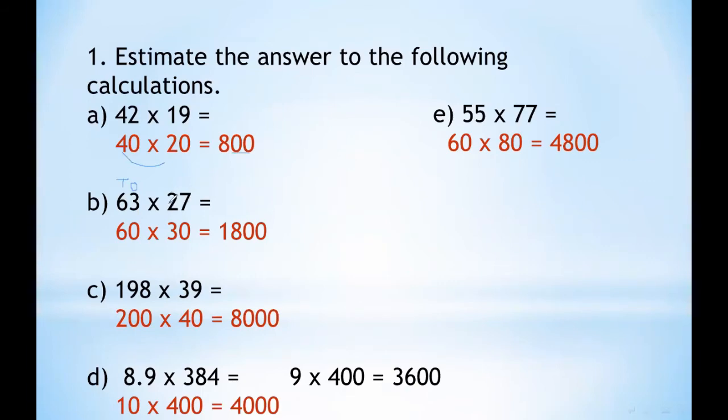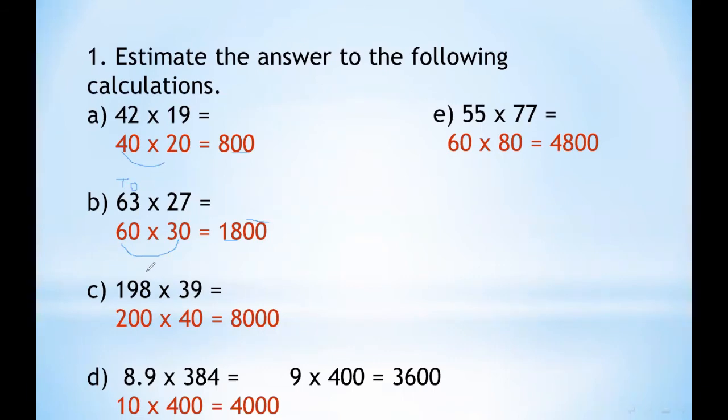So rounding 27 to the nearest tens will be 30. Now we know 6 threes are 18, and this 20 you just copy. Is it easy? Without a calculator and without solving the big multiplication, you can do it.